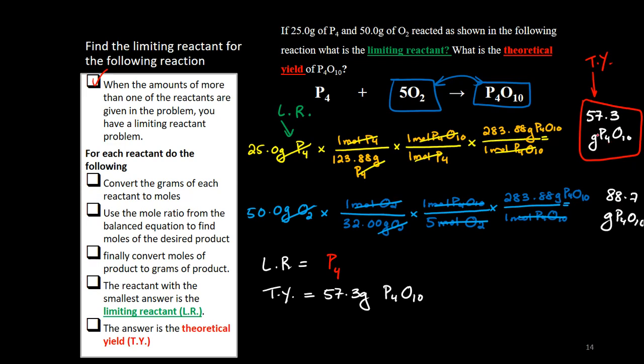So the smaller amount is the theoretical yield. And then you backtrack. What's the reactant that produced that 57.3? It's P4. P4 is the limiting reactant. So the reactant with the smallest answer is the limiting reactant, and the answer is the theoretical yield.